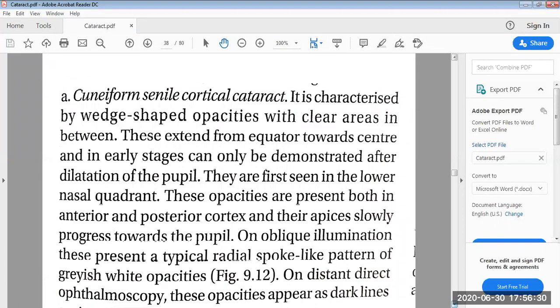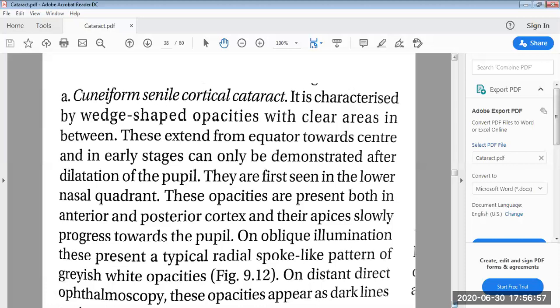These extend from equator towards center and in early stages can only be demonstrated after dilatation of the pupil. They are first seen in the lower nasal quadrant. These opacities are present both in anterior and posterior cortex, and their apices slowly progress toward the pupil.